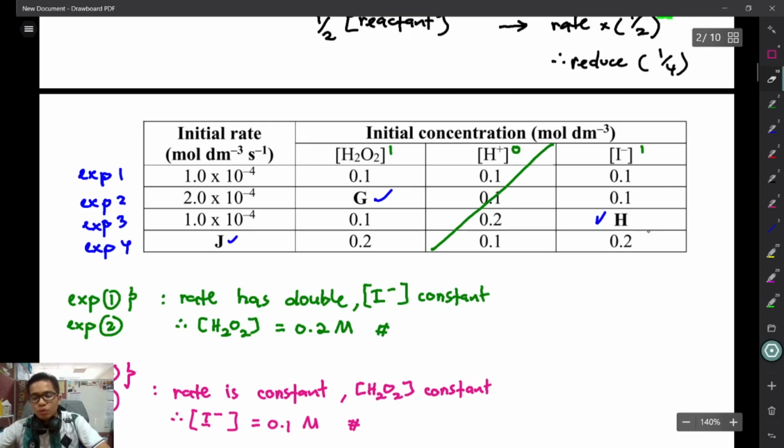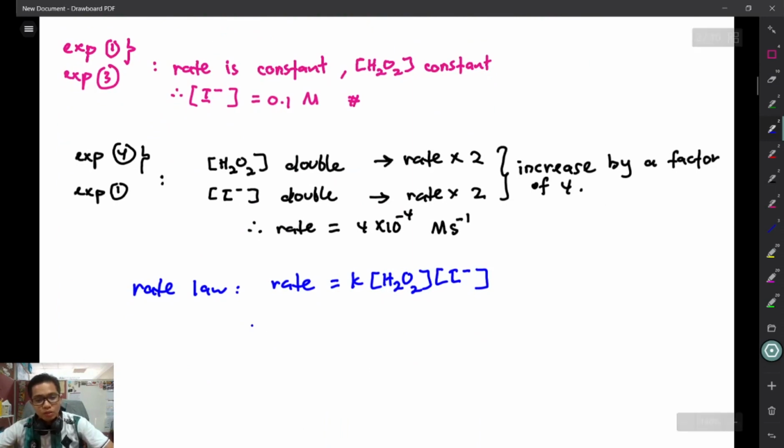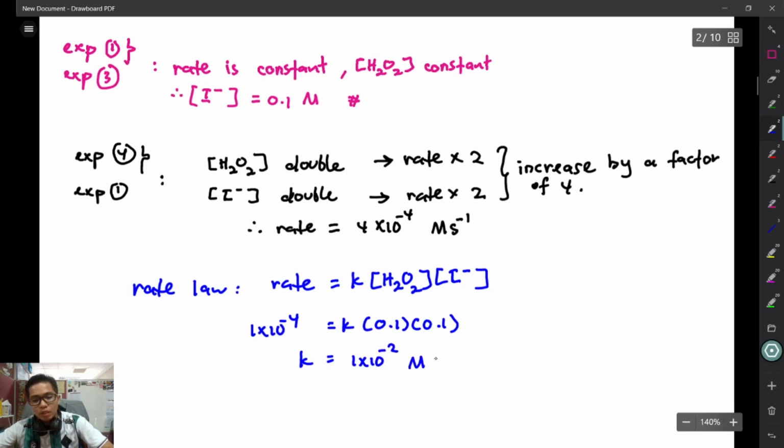However, if you worry that your value might be wrong, just use experiment 1, because in experiment 1 all the values are given, so it is safer. So 1, 0.1, 0.1. The rate is 1 exponent negative 4 equal to K, H2O2 is 0.1, I minus also 0.1. Therefore K equals 1 exponent negative 2, molarity minus 1 second minus 1.